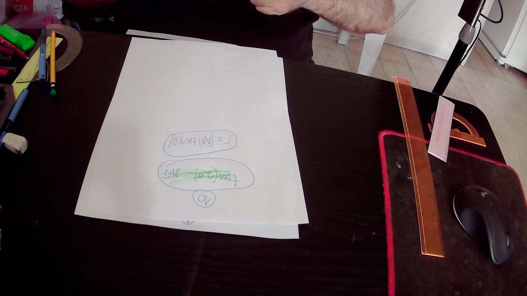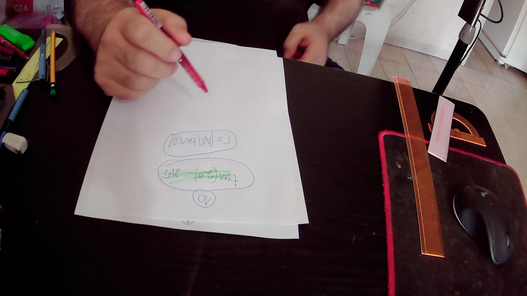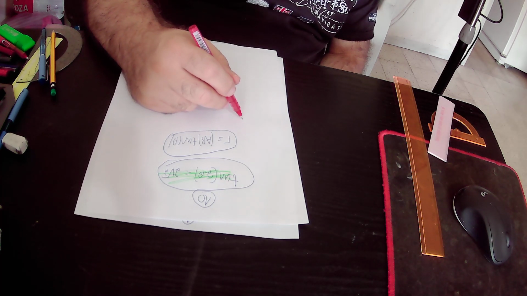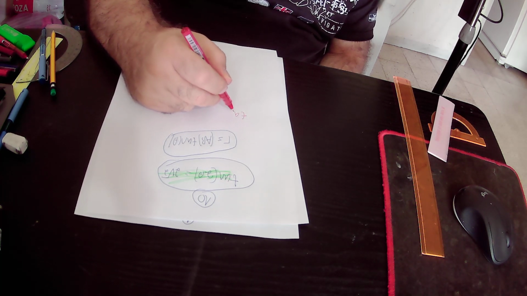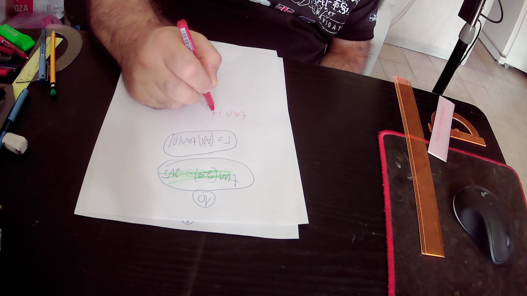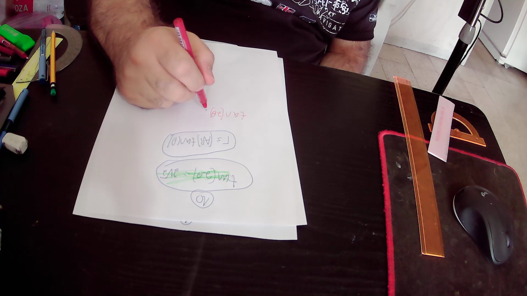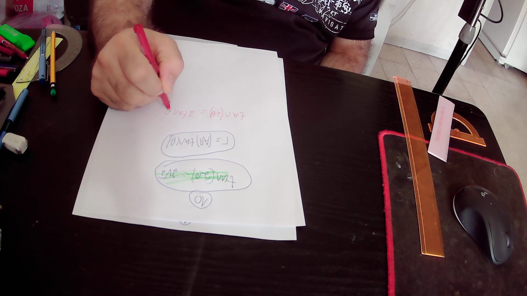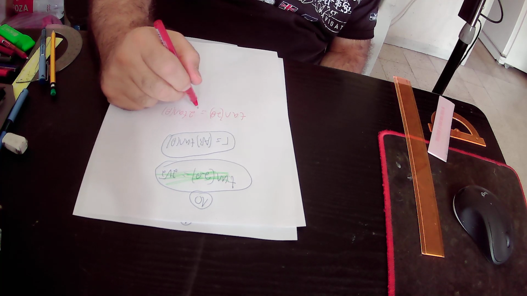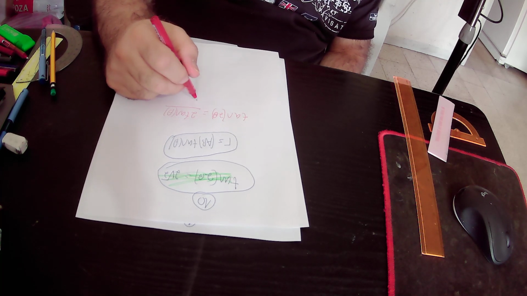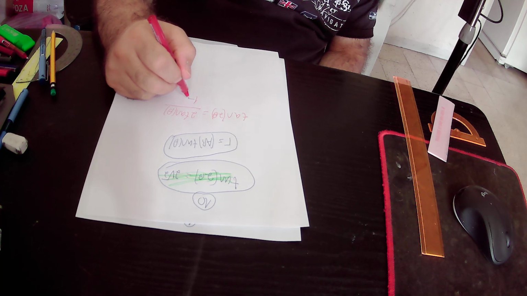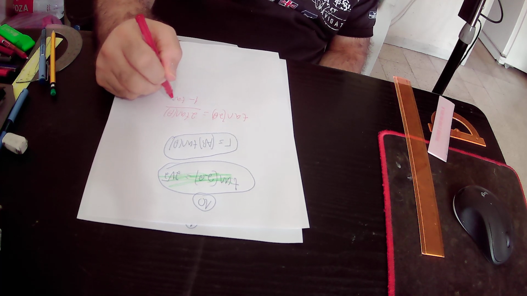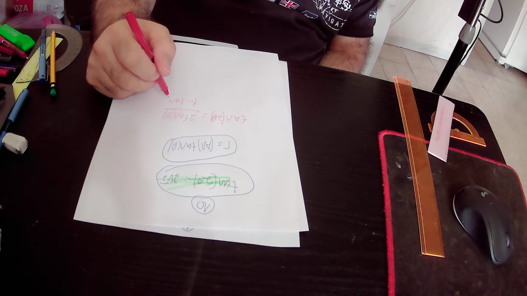The trigonometric identity is tangent 2 theta equals 2 tangent theta over 1 minus tangent square theta.